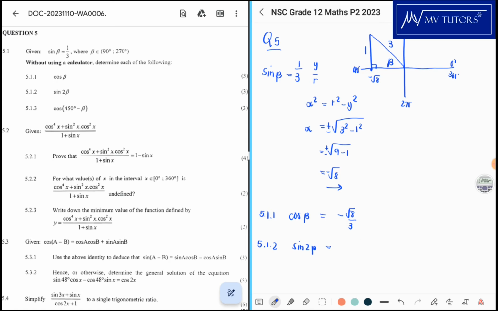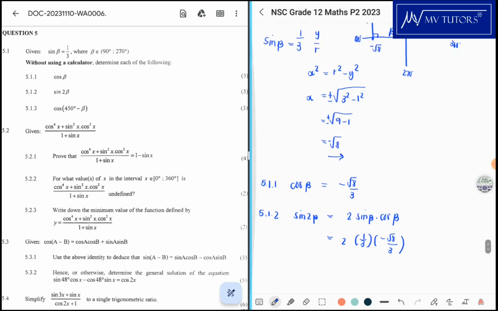So I know the identity for sine 2 beta would be 2 sine beta times cos beta. So sine beta I already know, it's 1 over 3. And cos beta, I just solved in the previous question. I had negative root 8 over 3.